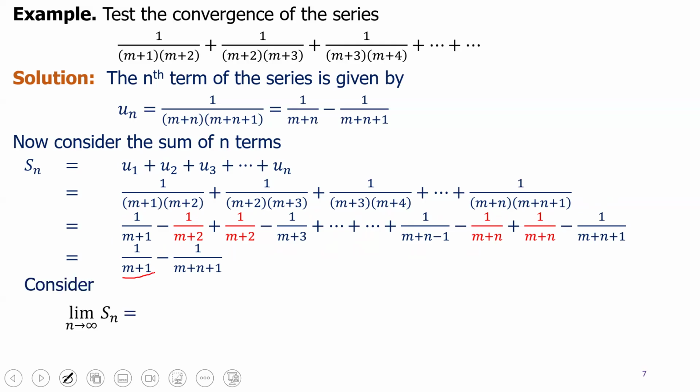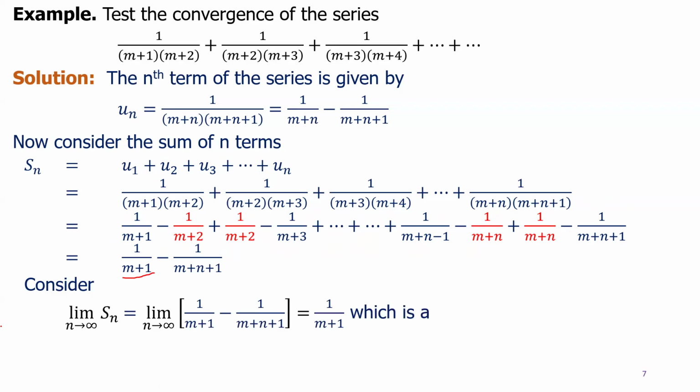This is the sum of the first n terms of the given series, so we will find the limit of Sn. The limit of Sn is equal to 1 upon (m+1) minus 1 upon (m+n+1). If we put the limit as n tending to infinity, the first term is free from n, so we have the same value, 1 upon (m+1). In the second term, if we put n equal to infinity, something upon infinity is 0, so the second term ultimately becomes 0.